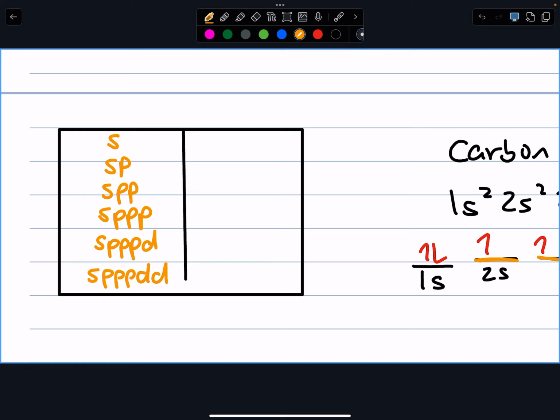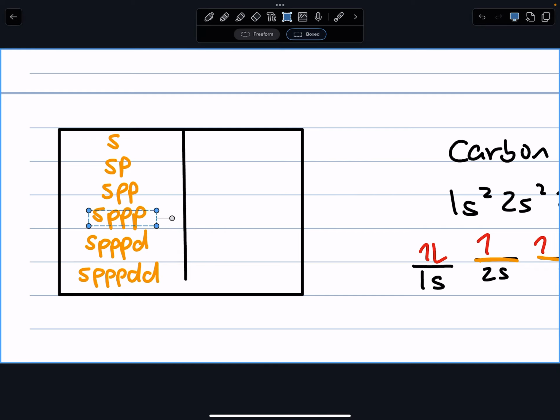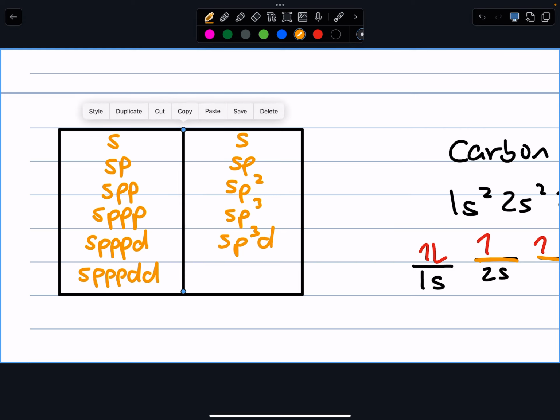Another D, right? How many D's could I go up to? 5. Amazing. So then now I have all my different hybridizations. We don't spell it out like that. We simplify it to be like this. These are the different types of hybridizations that these elements can make. And depending on how many things it's bonded to, that's how you know what hybridization it is.